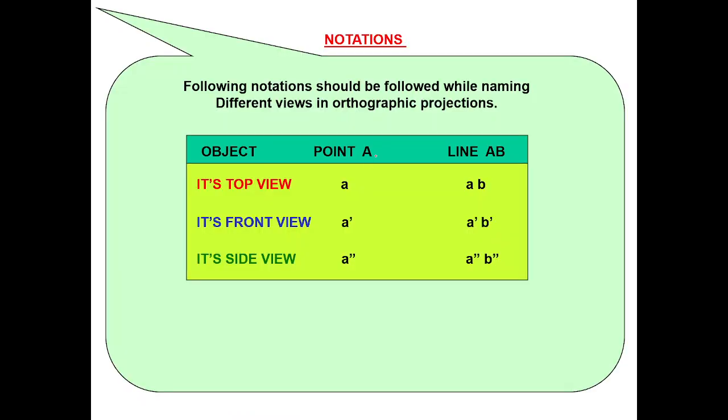For point A, the top view will show A, the front view will be A dash, and the side view will be A double dash. If we draw a line, then the top view is AB, the front view is A dash B dash, and the side view is A double dash B double dash.